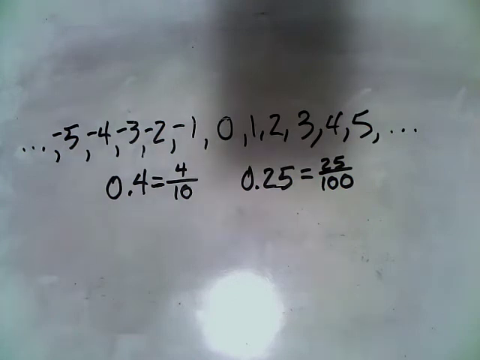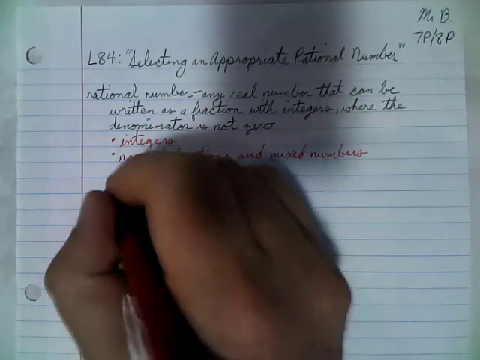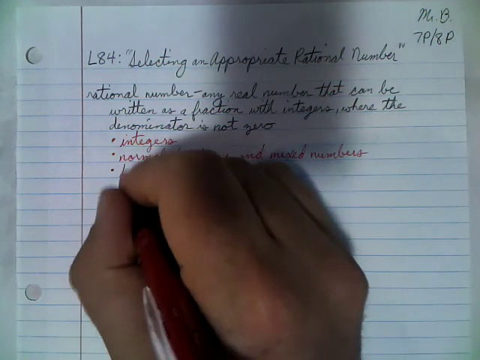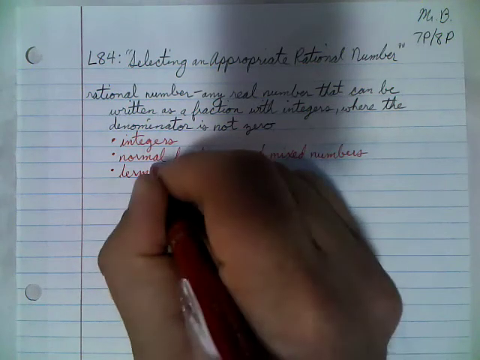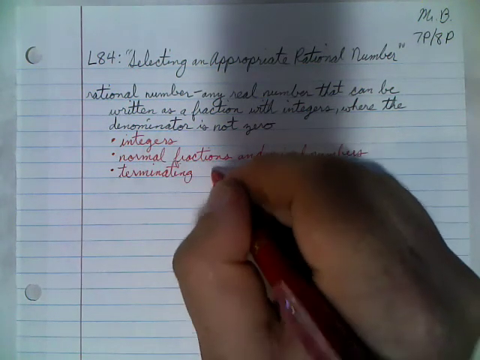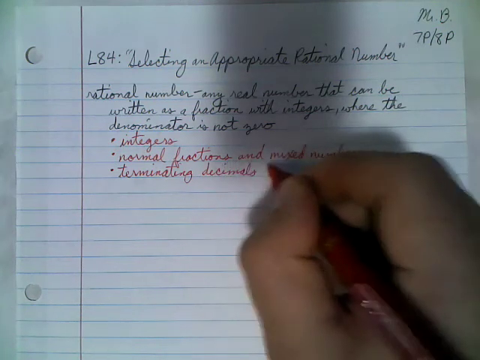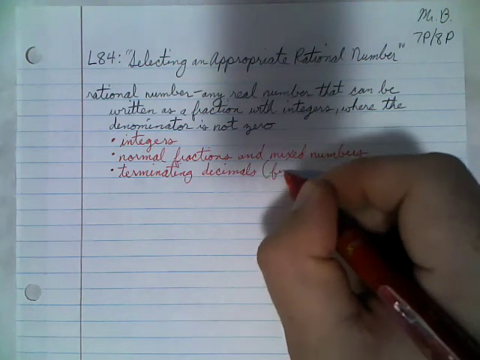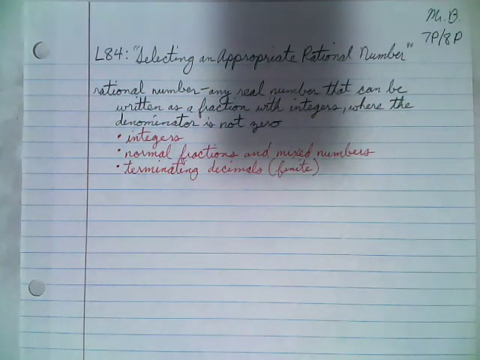So that means all terminating decimals will also be rational. Terminating decimals are typically called terminating decimals, but they can also be called finite decimals.